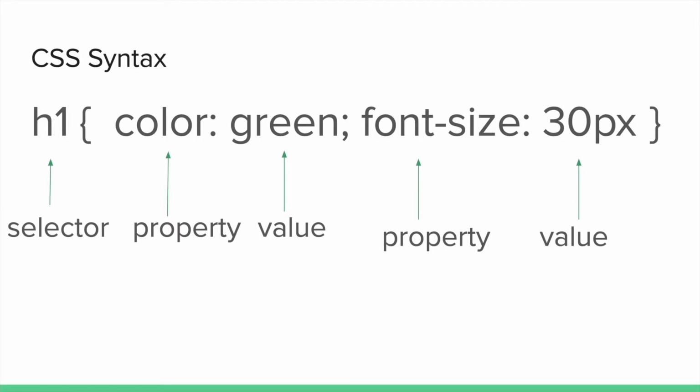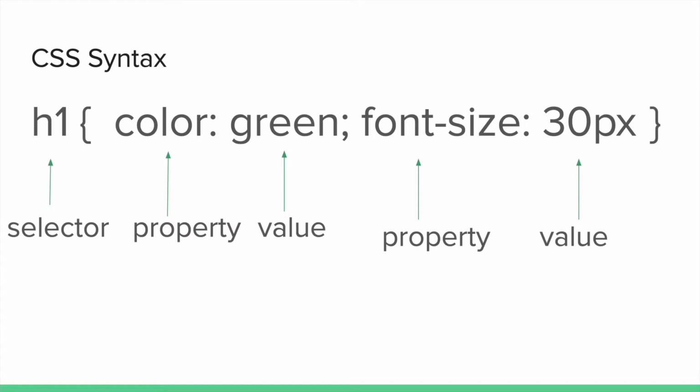The syntax for CSS basically has three major elements. The first is the selector. This is where all of those HTML tags are going to look familiar to you. Selectors can be any HTML tag, any HTML class, or any HTML ID.